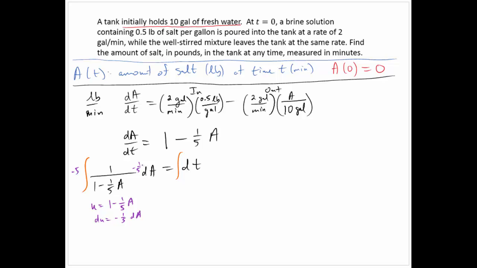Otherwise, it then becomes just the integral of 1 over u du. So this then becomes negative 5 natural log absolute 1 minus 1/5 A. The right-hand side is just t plus a constant.